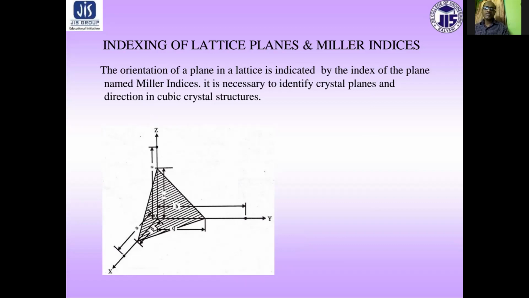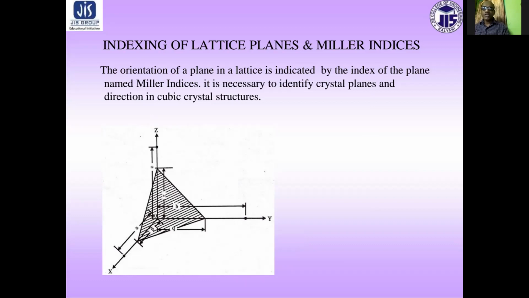Miller indices are the reciprocal of the fractional intercepts which the plane makes with the crystallographic axes. These reciprocals of fractional intercepts are converted to the minimum whole numbers, that is, integers, by multiplication with a common number.